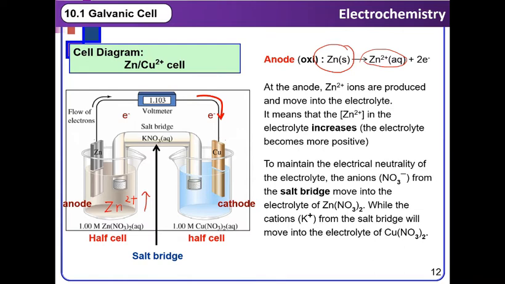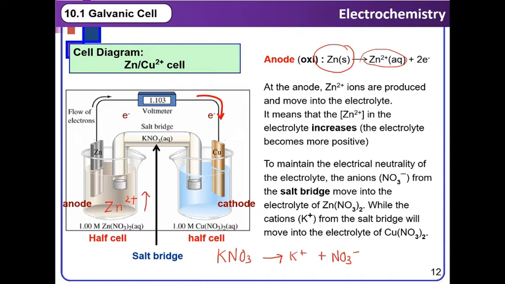To maintain the electrical neutrality of the electrolyte, the anion from the salt bridge, which is potassium nitrate, KNO3, will become K plus and nitrate ion.